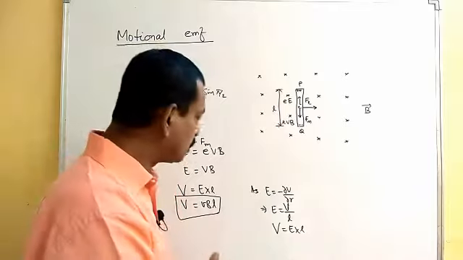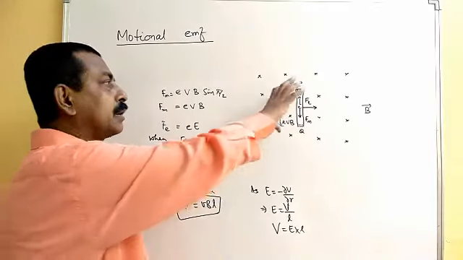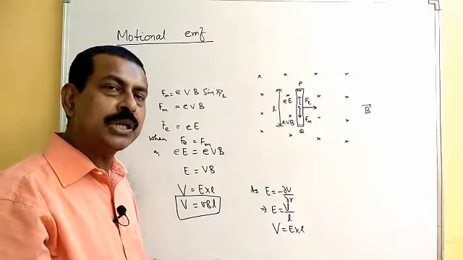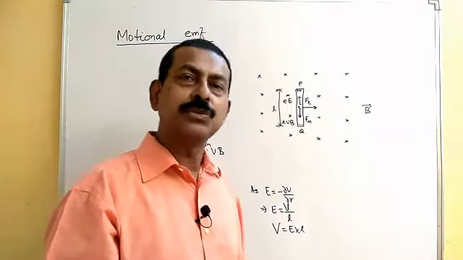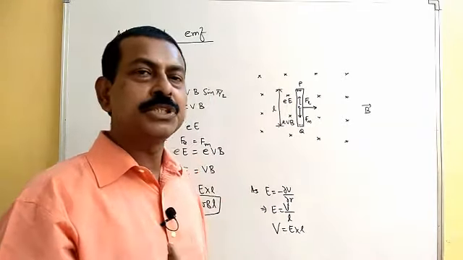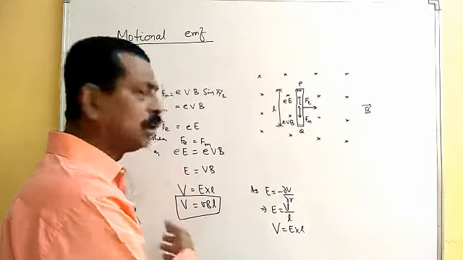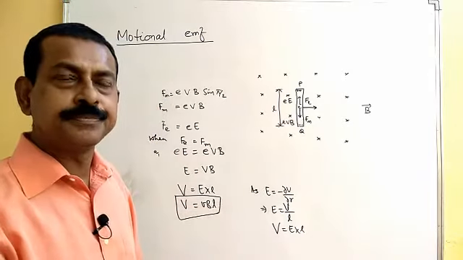So this is the expression for the motional EMF developed across the ends of a rod. Why are we saying motional EMF? Because this is due to the motion of the rod in the region of the magnetic field. So the EMF generated is BvL, or vBL.